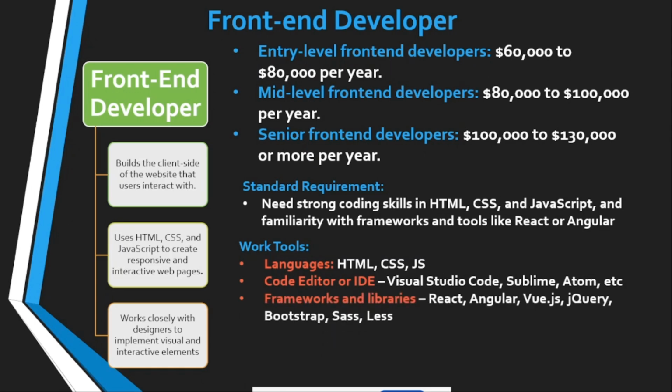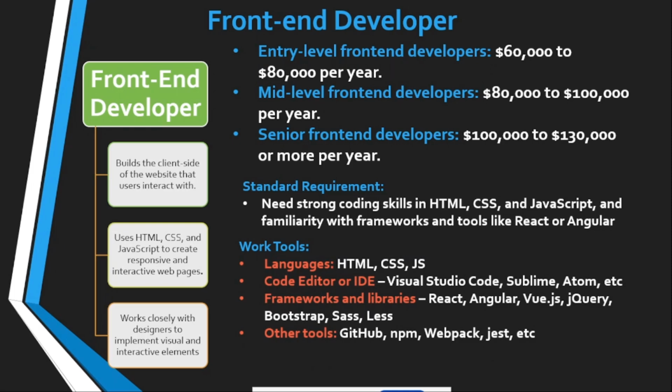For the frameworks, we may not have so much time to explain much about frameworks, but the ones they make use of are things like React, Angular, Vue.js, jQuery, Bootstrap, Sass, Less, and so on. These are frameworks that help them to integrate some features to the front end, which they may not be able to do completely with HTML, CSS, and JavaScript on their own.